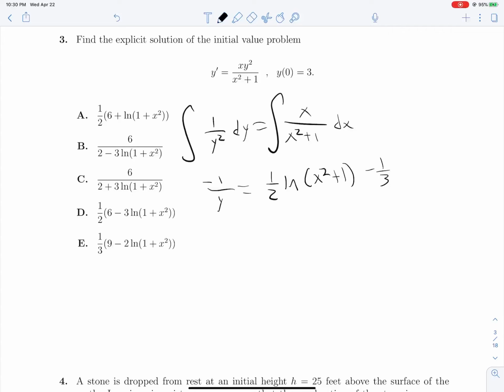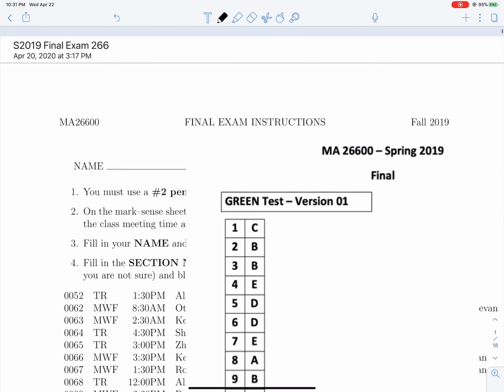We can flip the signs on all of our terms here, and then flip the numerator and denominator of both sides, and we'll see that y is equal to 1 over, and I'll write this the way that they do, 1/3 minus 1/2 ln(x squared plus 1). And then they mess with things a little bit, multiplying the top and the bottom by 6, so 2 and 3 there, which leads us to B for number 3.